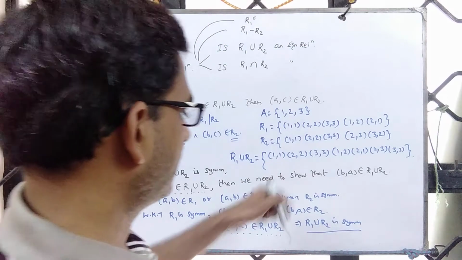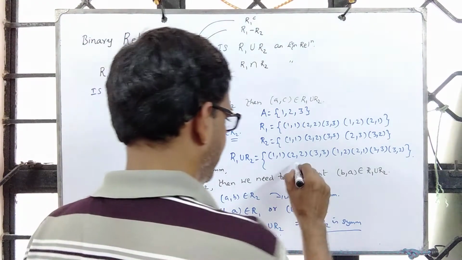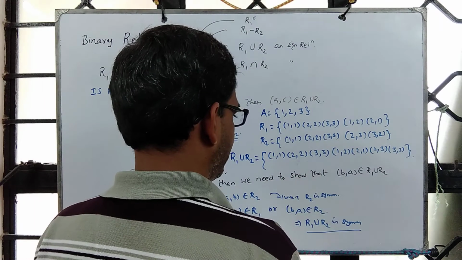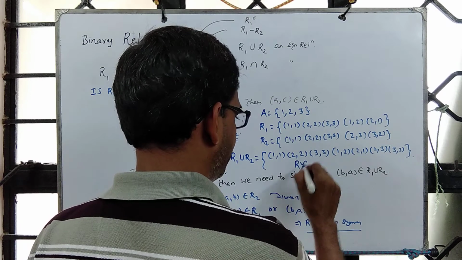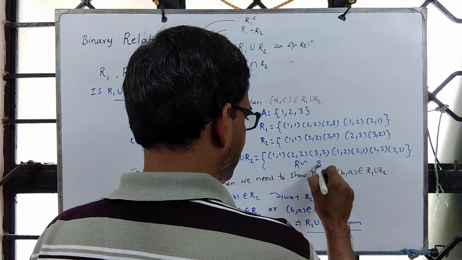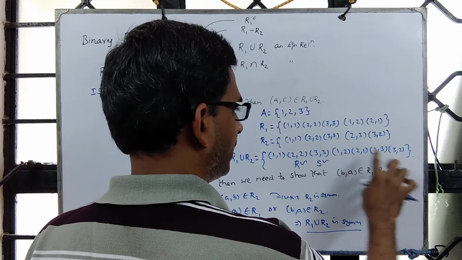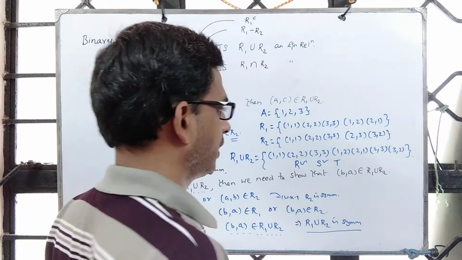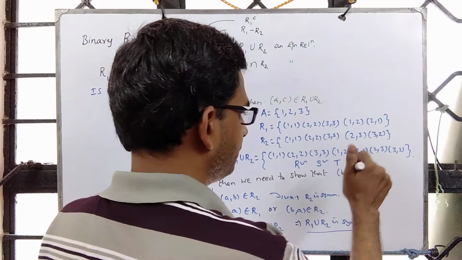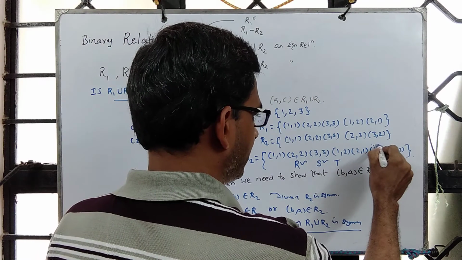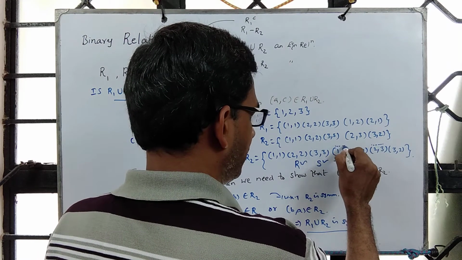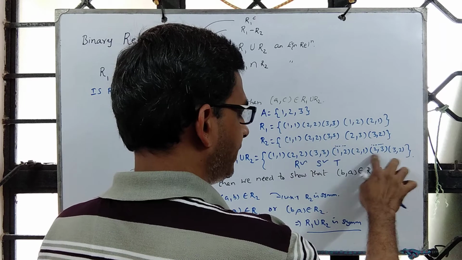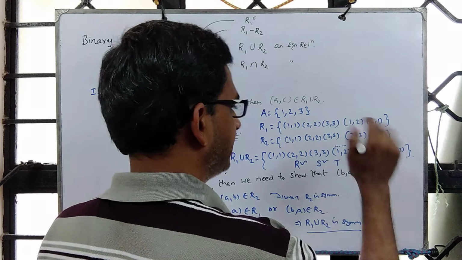Now this is reflexive. Yes, it is reflexive. Is it symmetric? Yes: (1, 2), (2, 1), (2, 3), (3, 2). Is it transitive? (1, 2) is present, (2, 1) is present, (1, 2) is present, (2, 3) is present, but (1, 3) is absent.